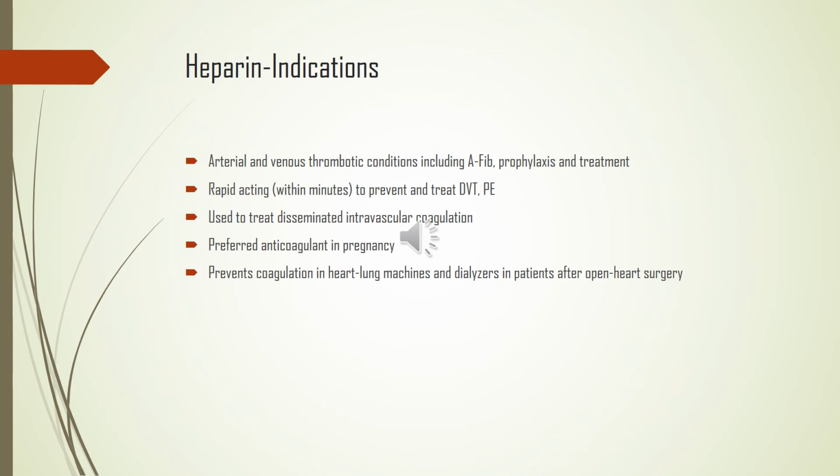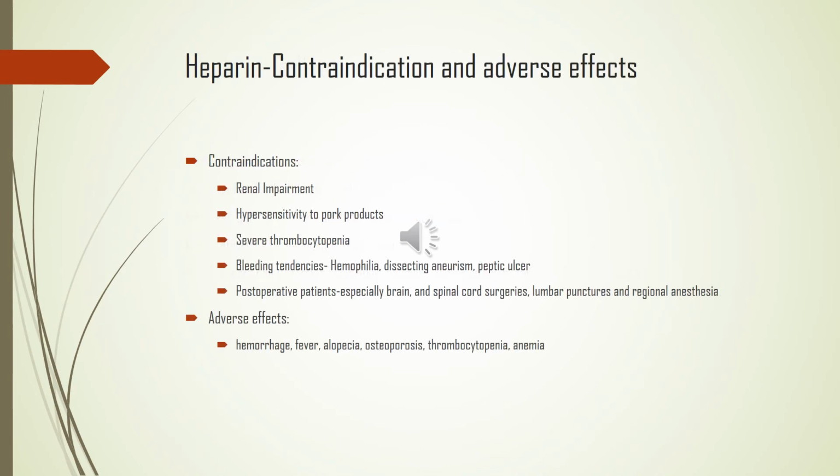It keeps the blood really thin, so it allows it to go through the dialyzers and stuff in the heart-lung machine when they're having open heart surgery, heart transplants, and the like. They like it because it's rapid acting. It acts within minutes to prevent a DVT or a PE.